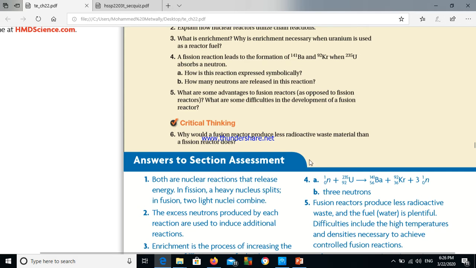This is answered by neutron 0-1 paired with uranium 92-235, the mass number. It will produce barium plus krypton plus 3 neutrons. Here, how many neutrons are released in this reaction? 3 neutrons.